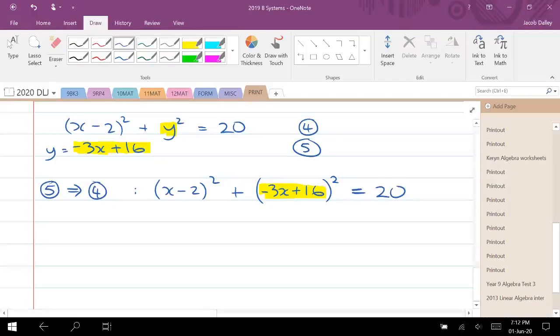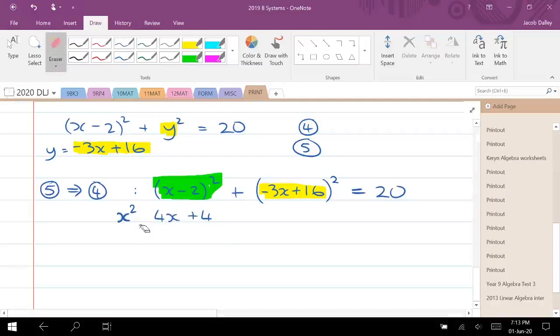So the quick way to expand all of that is you've got your first term is x squared, that's okay, and your middle term is x times -2, and then you double it, so it'll be -4x, and then the last term is going to be -2 squared, so that will be +4.